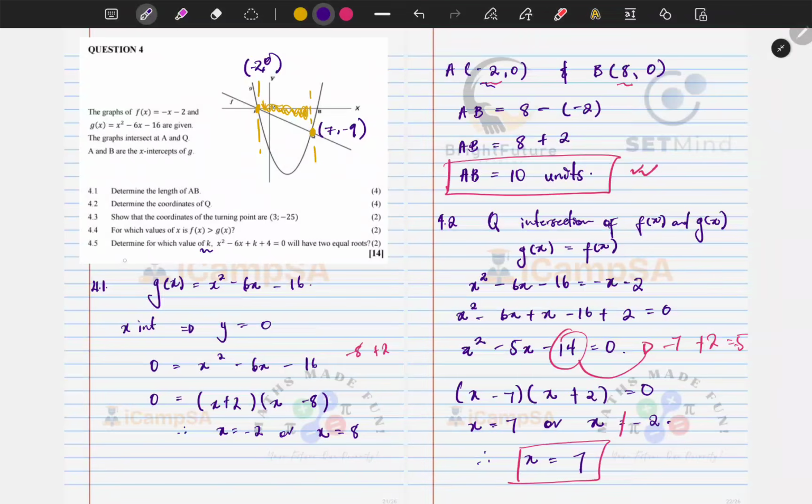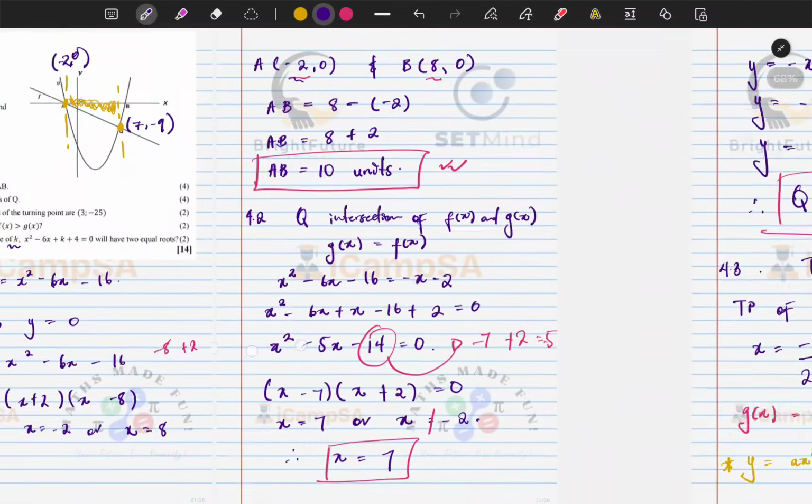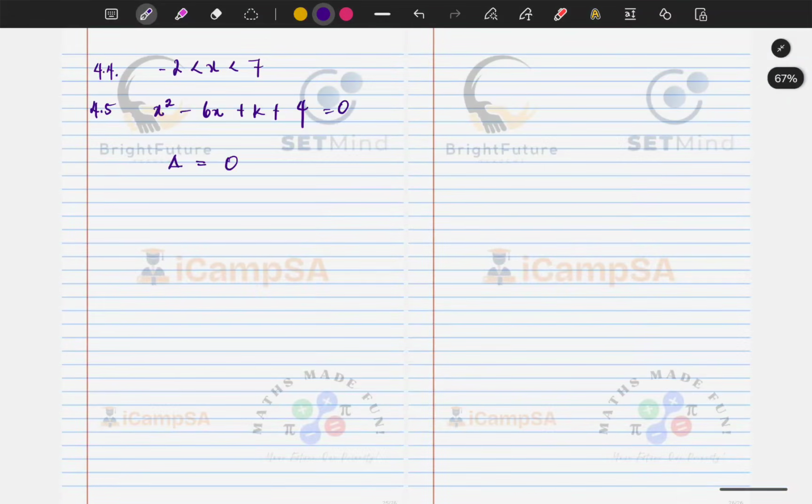So they are saying, determine for which value of k will this equation give two equal roots, right? In that case, if we make that discriminant equal to 0, then we will be able to solve for k. Remember what the discriminant is: b squared minus 4ac equals 0.